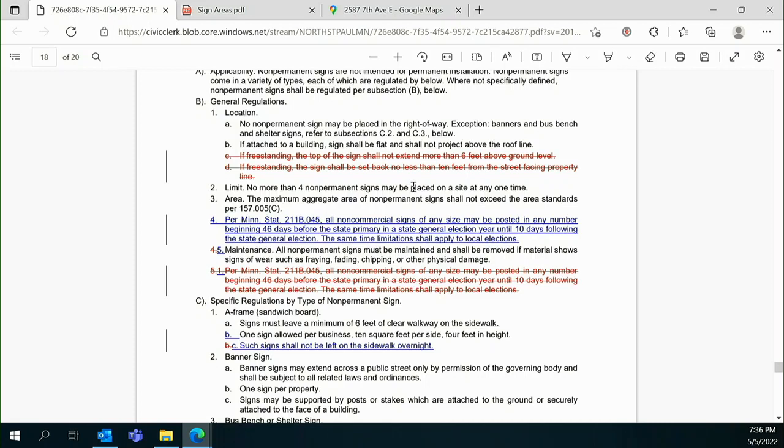Well, we have exceptions here for banners and bus, bench, and shelter signs, where it refers to 2 and 3, where 3 says you can put it in the right-of-way, and 2 says they can go over. But I'm wondering if that would be the place. Let me look here.